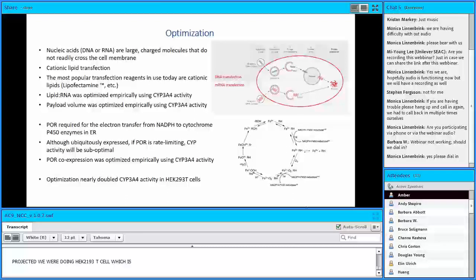They do make POR, but what we found was that setting aside 4% of our payload for POR mRNA actually boosted CYP expression. The upshot of all of this is that the transfection optimizations and the cofactor co-expression optimizations doubled the amount of CYP expression we saw over just trying to shoot in the CYP mRNA alone.